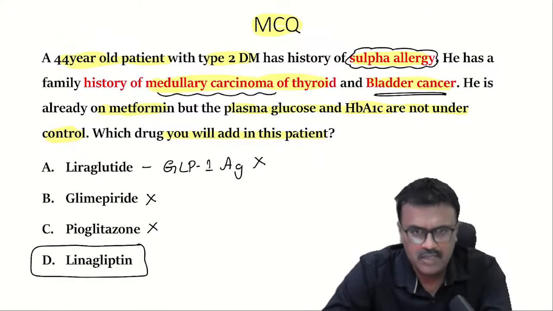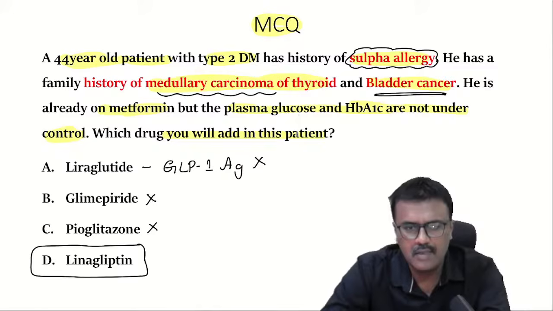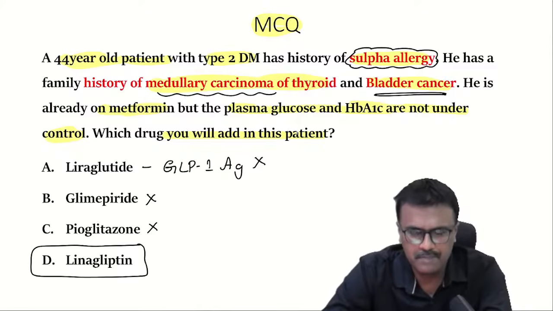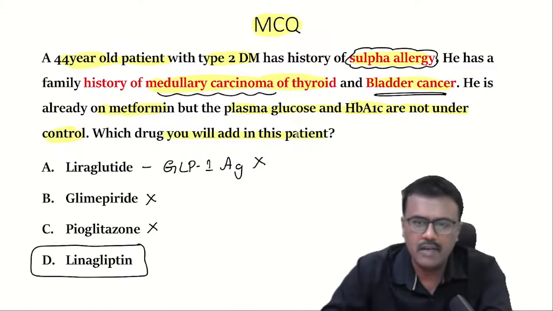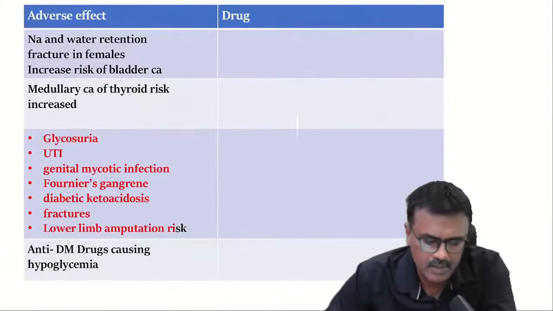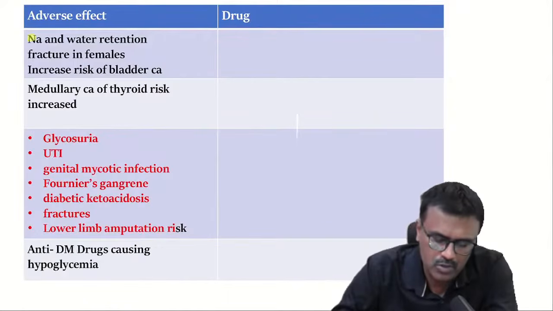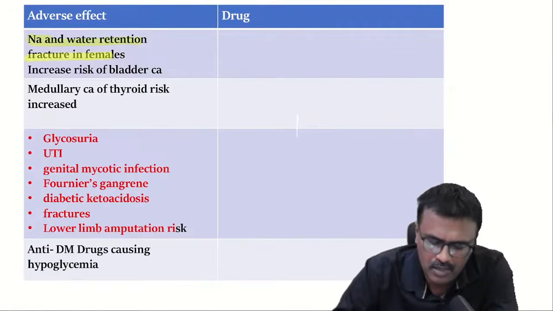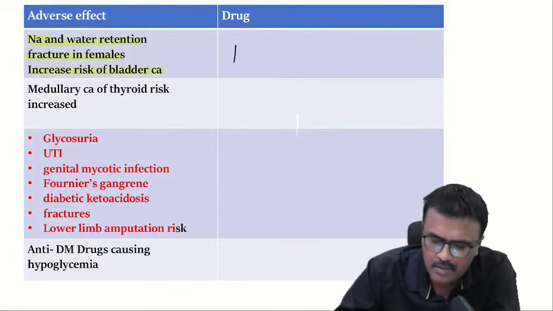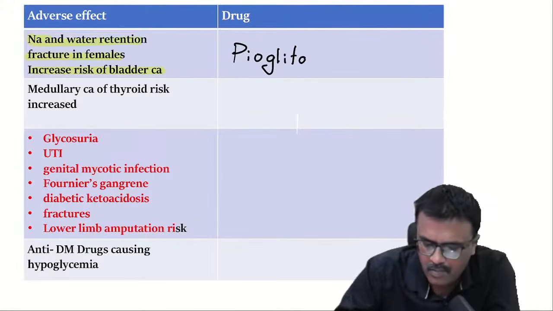So what did I understand from this MCQ? I understand the adverse effects of certain drugs. With that introduction, let us see what the drugs in diabetes are. What should I remember? First of all, sodium and water retention, fracture in females, increased risk of bladder cancer. This is seen with the drug pioglitazone.